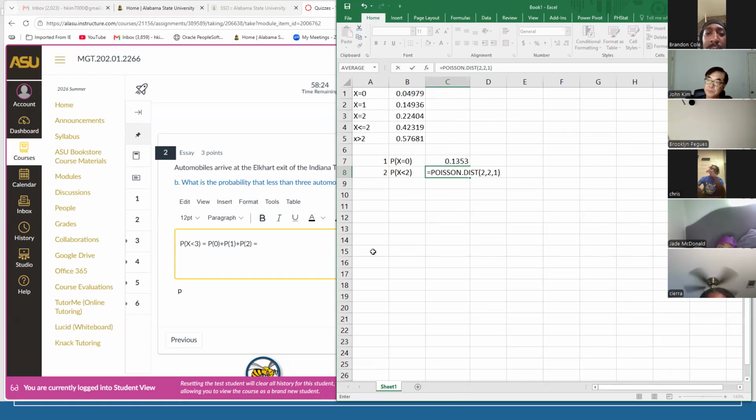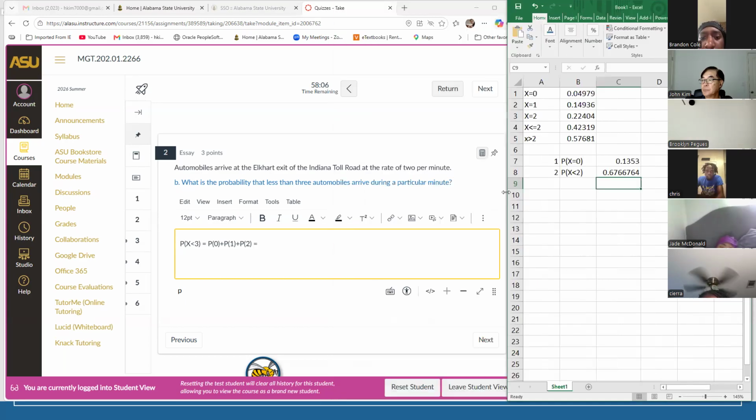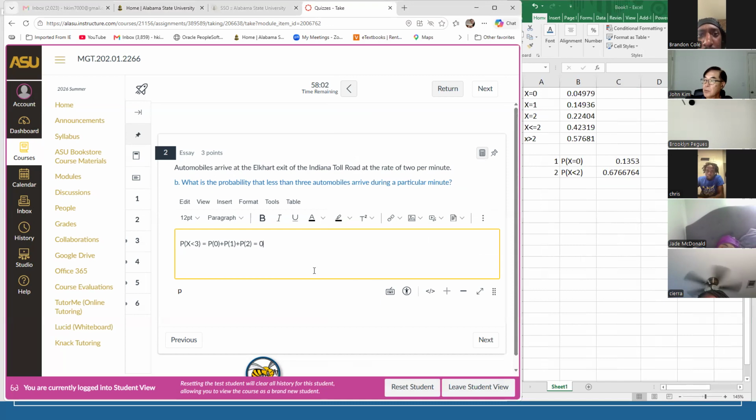And enter. So it is 0.6767, okay. So it is 67.67%.